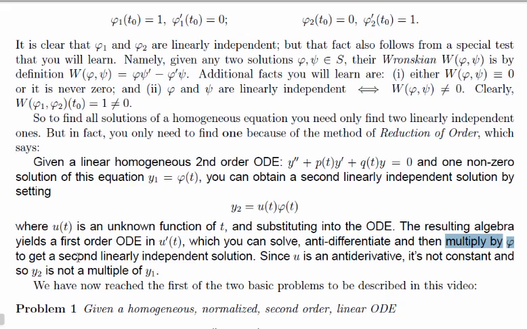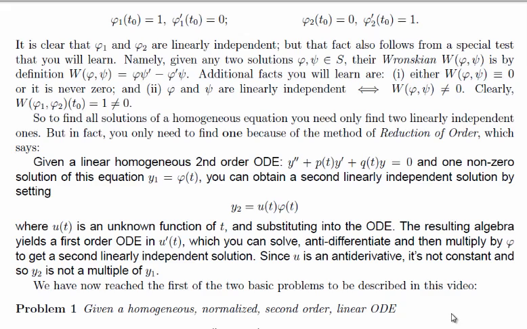And that gets you a second linearly independent solution. Since u is an antiderivative, it can't be constant, and so y2 is not a constant multiple of y1. And so you've actually produced a second linearly independent solution. That's the method of reduction of order.